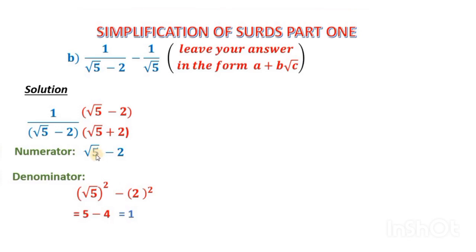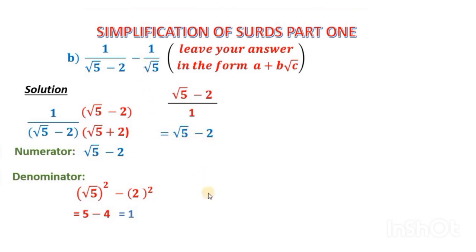So the numerator is root 5 minus 2, and the denominator is 1, and this simplifies further to root 5 minus 2.